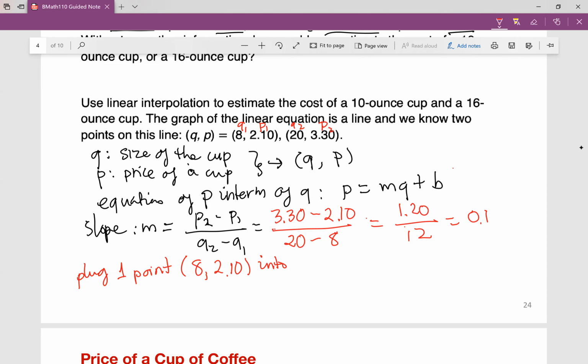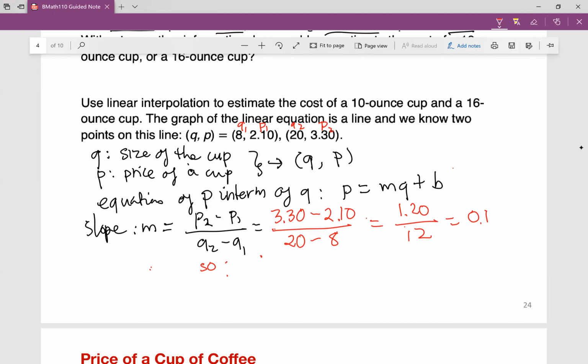Okay, I forgot to plug in the equation, right? So let me write the new general equation first.